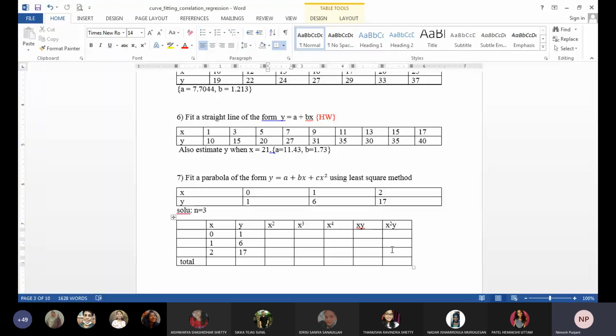Here we have 3 equations. Then we have to just fill the table as we did earlier.